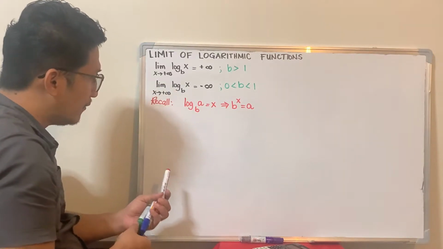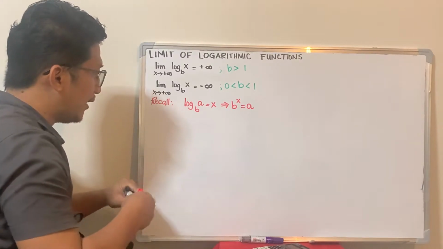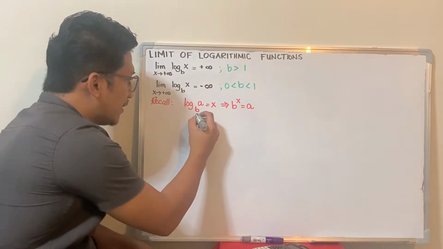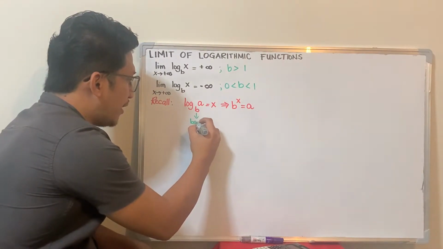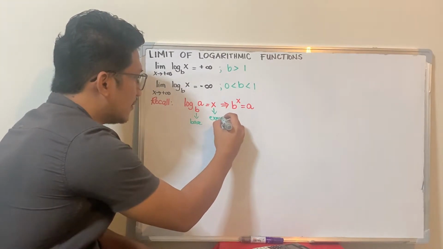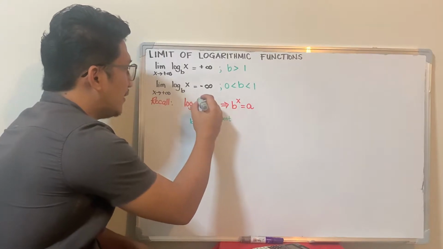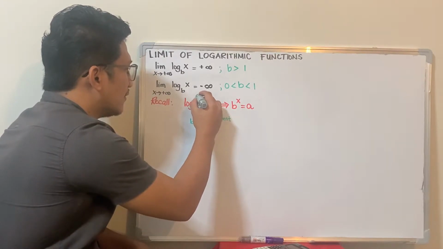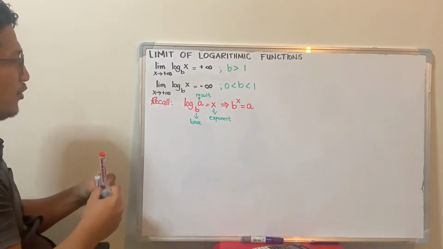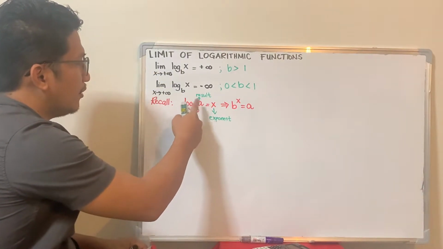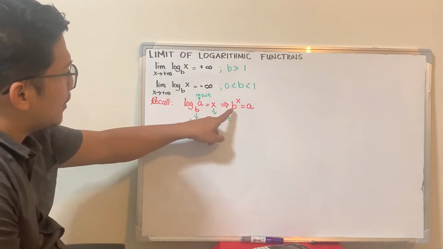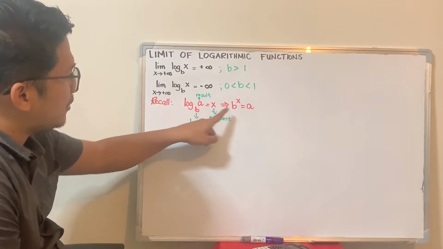Just in case you forgot, this is your base, this is the exponent, and this is the result. That's how you transform this expression or equation into exponential. So b is the base, x is the exponent, and a is the result.